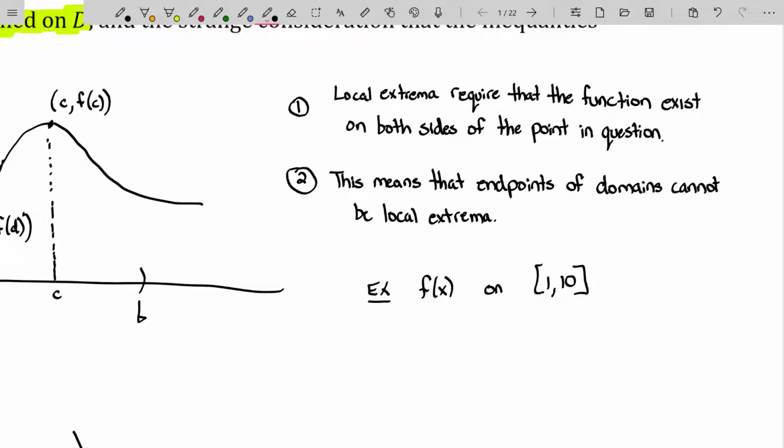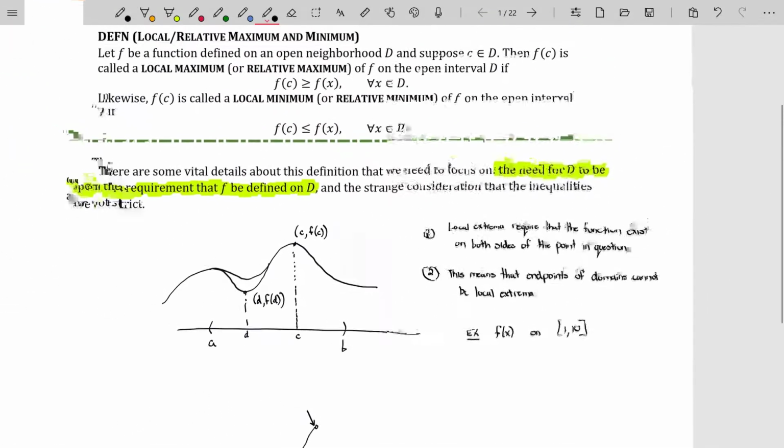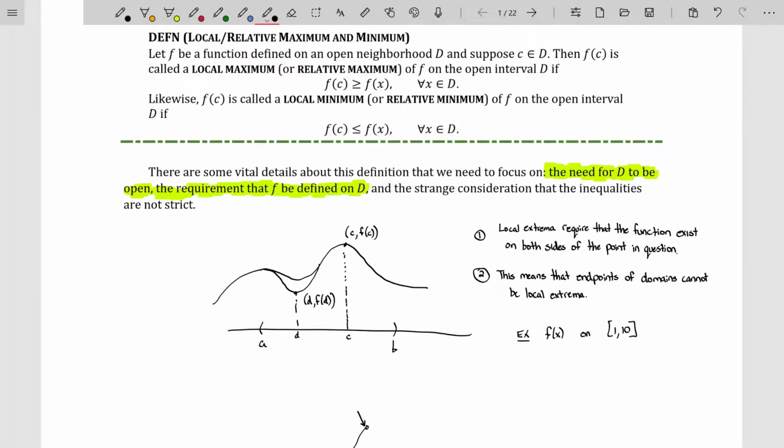So because of that, edge points are never going to be considered local extrema. Okay, that's just critical. That's a part of this definition that often gets lost, and I'll try to repeat that as we move forward. So if that seems really wonky to you right now, no biggie. We're going to move forward and clarify that as we move on with other examples.